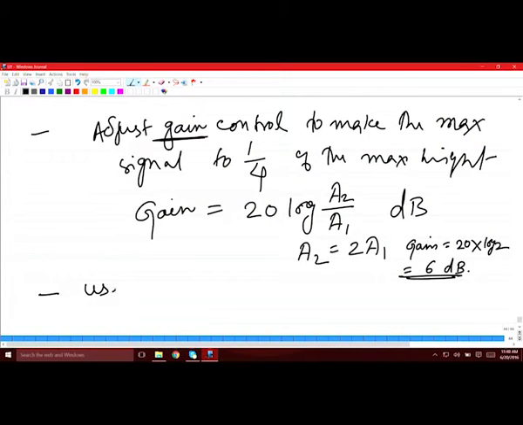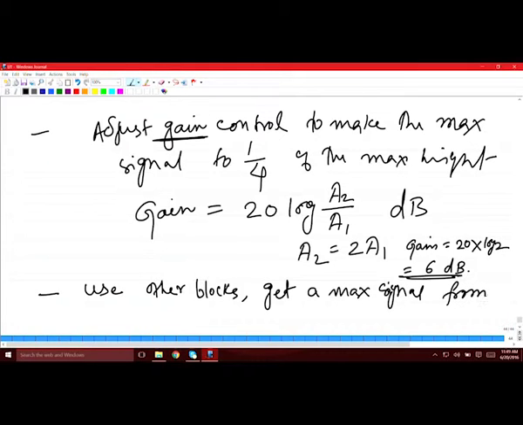You take the other blocks, but in this case also you need to get a maximum signal from the flat bottom hole. And once you get the maximum, simply note the height of the peak without adjusting the gain control.